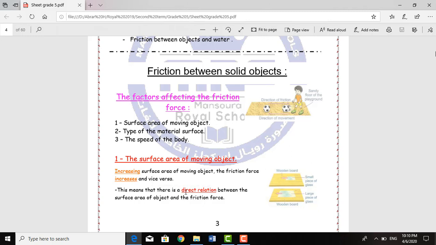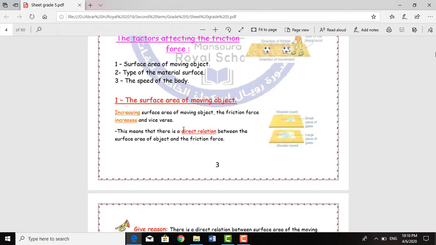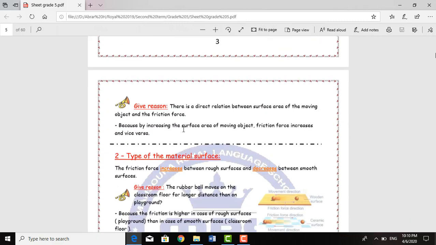So, we can say that there is a direct relation between the surface area of the moving object and the friction force, because by increasing the surface area, the friction force increases, and by decreasing the surface area, the friction force decreases.